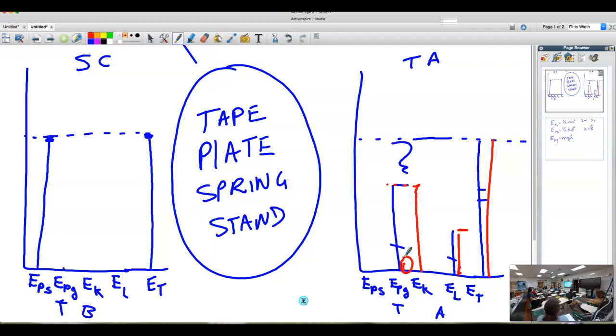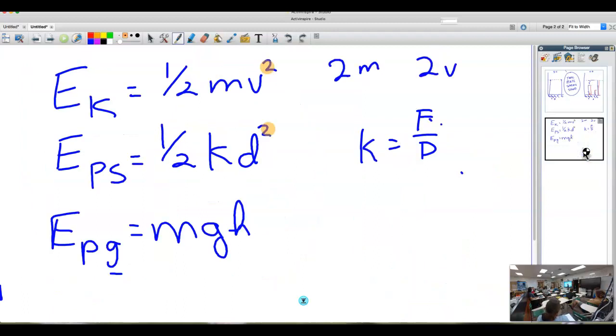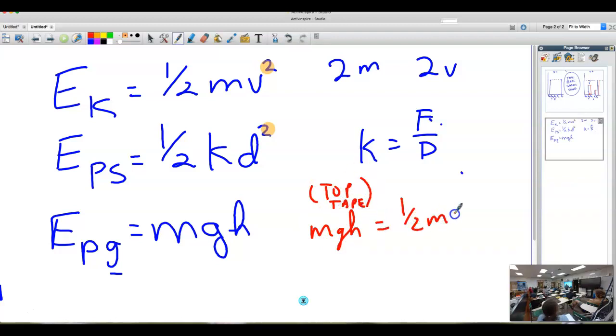Okay? And we can use our formulas to actually determine how much energy each one of those has at different places. So we could say, for instance, with our formula, MGH at the top for the tape equals 1/2 mv squared at the bottom for the tape, couldn't we?